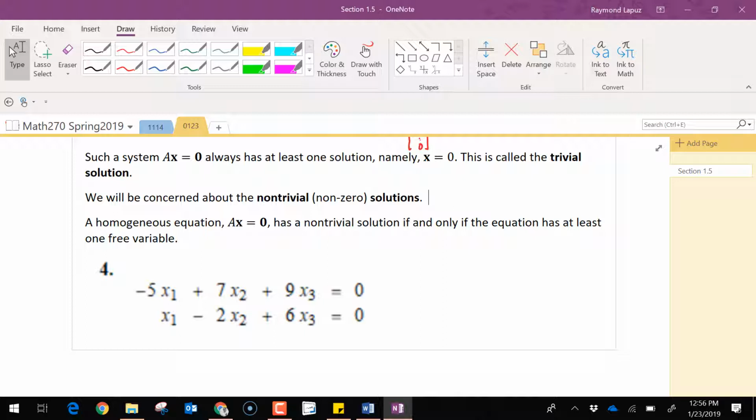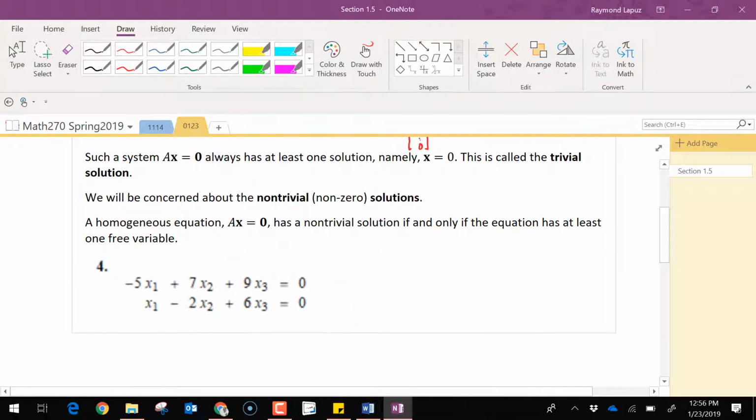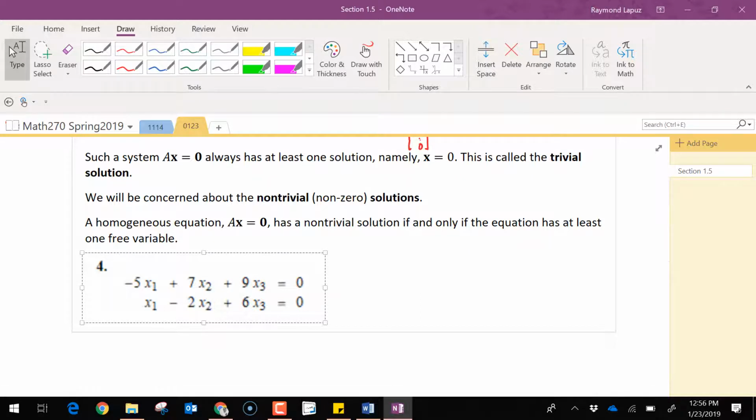Okay, so we'll dig into that, and hopefully it'll spark some memories of your reading. You'll get to know this by heart by the first exam: what a pivot point is, a free variable, and stuff like that.